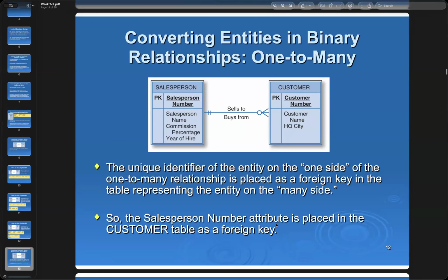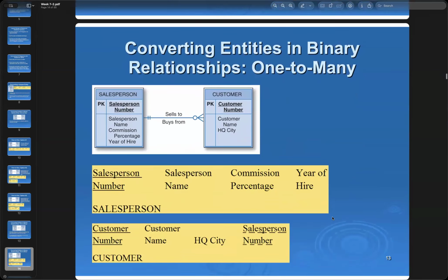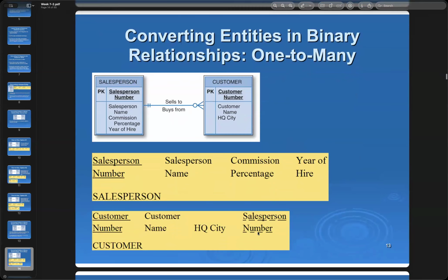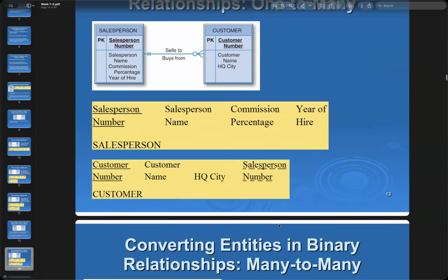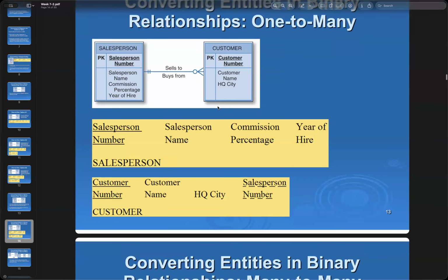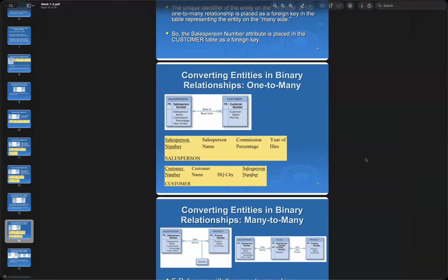So the salesperson number attribute should be placed in the customer table as a foreign key. Remember this part. When we convert it, we don't have several options, because we should have separate tables.